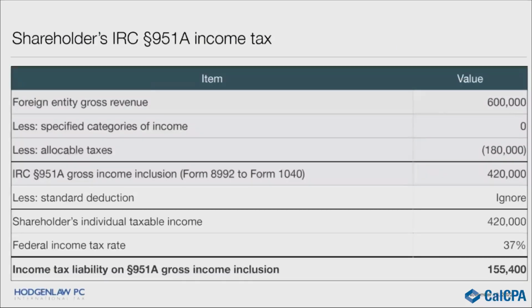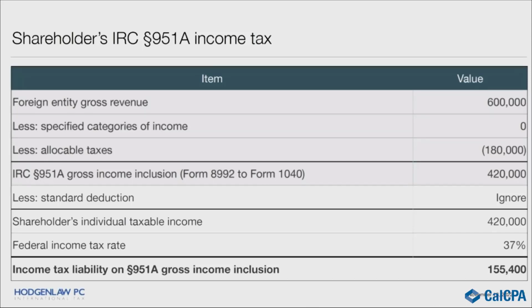And so this is how it's going to look, computed in terms of what additional tax liability the shareholder can expect to see on the Form 1040. We start with the $600,000 gross revenue. We've deducted the allocable taxes, the $180,000. So the gross income inclusion in my highly simplified example is $420,000. Ignore the standard deduction or the itemized deduction because that just makes the math messier.